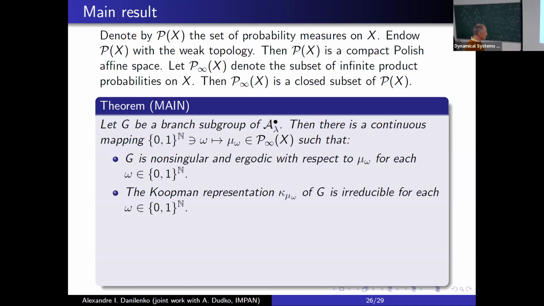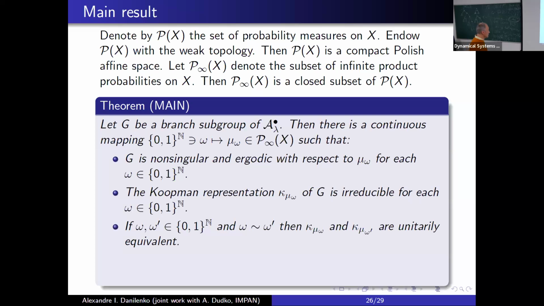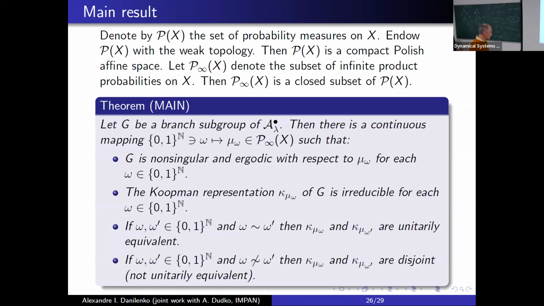Moreover, the corresponding Koopman representation is irreducible. Moreover, if two sequences are tail equivalent, then the corresponding representations are unitarily equivalent. If the sequences are not tail equivalent, then the corresponding Koopman representations are disjoint, not unitarily equivalent.